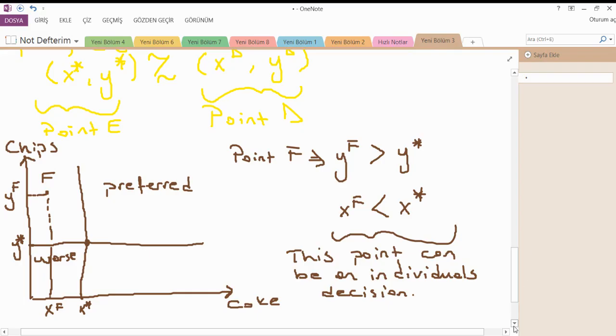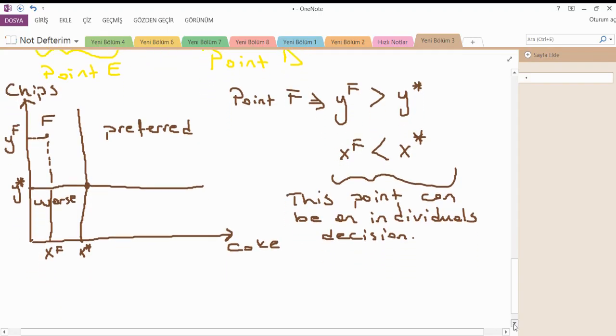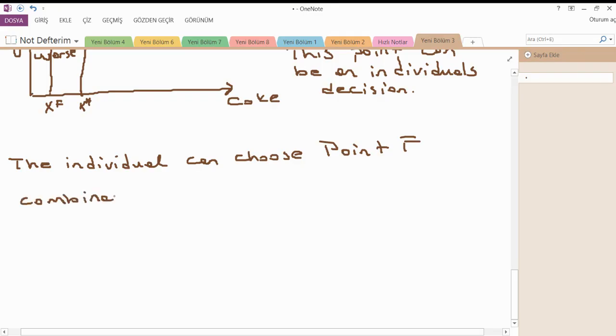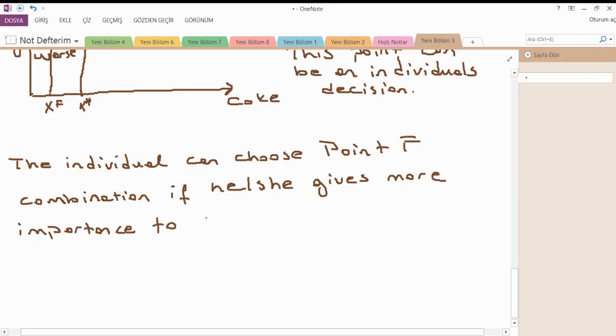We have to look at the utility levels that the individual gets from good Y and also good X. And maybe, I'm going to write here, the individual can choose point F combination because one of the goods is more, if he or she gives more importance to good Y.